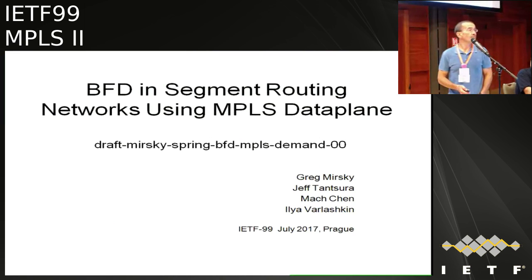Okay, so for those who are watching this as a second series this week, we had a discussion on BFD directed, and this draft is an application of the idea of controlling the reverse path of a BFD session to segment routing.